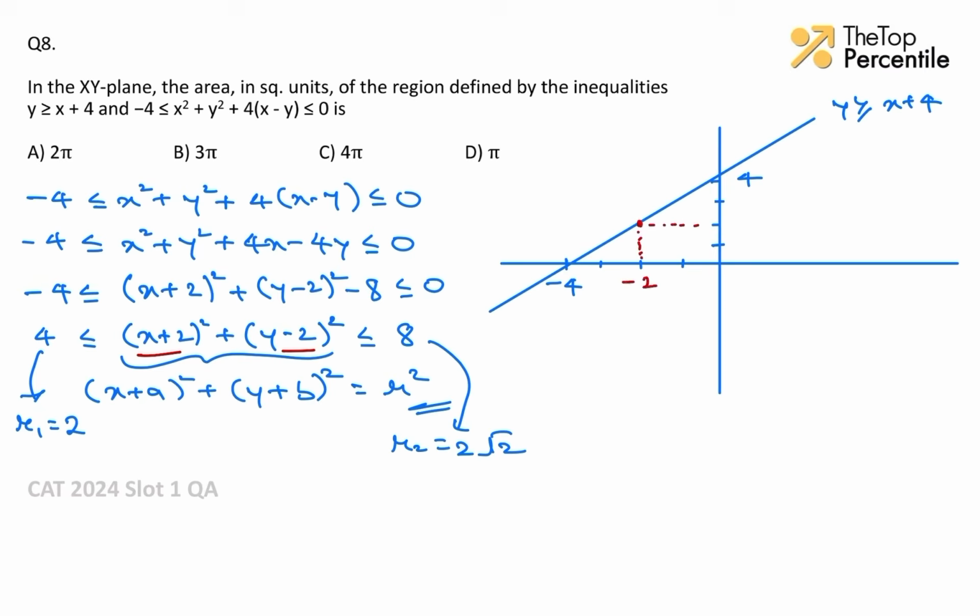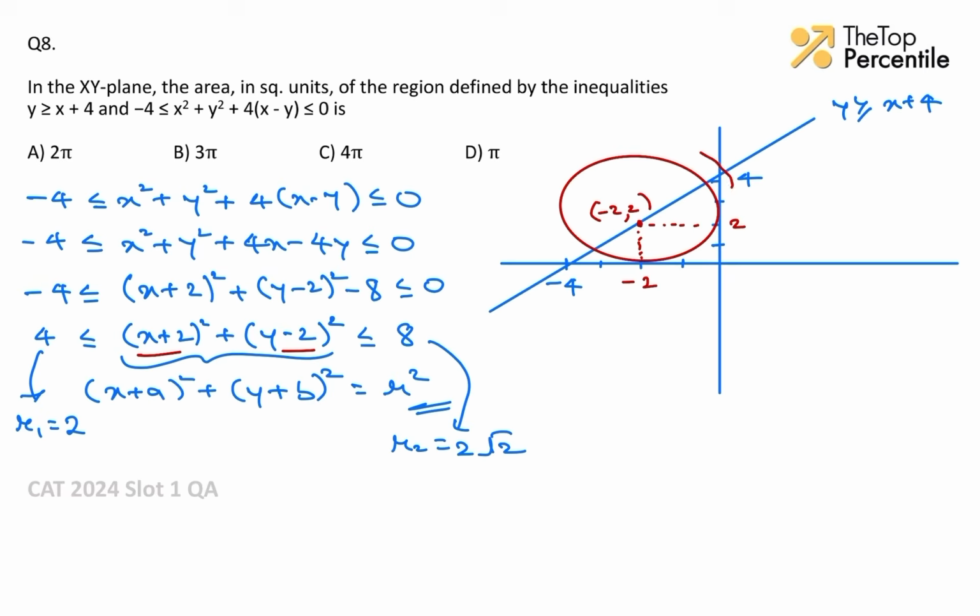This is minus 2 and this is 2. So this is minus 2 comma 2. Now if you see, this is the circle, and this line y is greater than or equal to x plus 4 passes straight through the center of this circle.